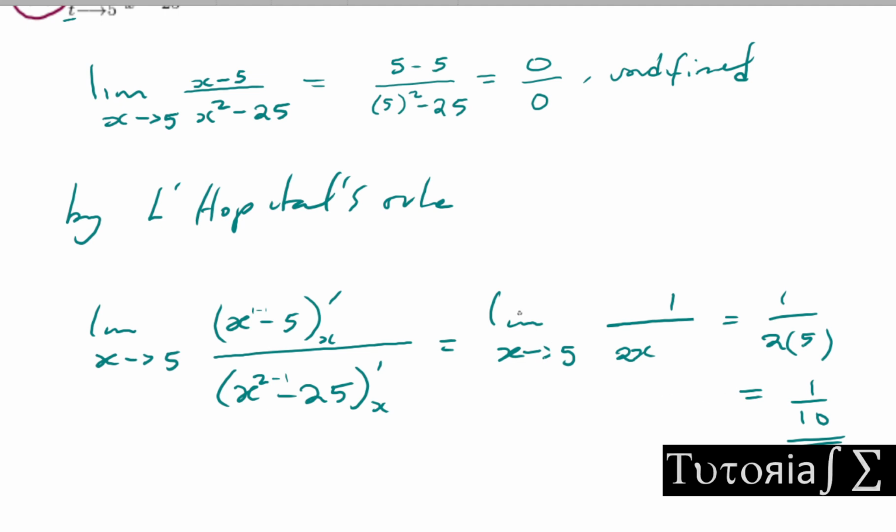All right, so this is what you do for all quotients that don't have radicals. If you find that you have 0 over 0, infinity over infinity, when you get such a scenario, you use L'Hopital's rule. So for L'Hopital's rule, the type of undefinedness that you should get is when you have 0 over 0, infinity over infinity.